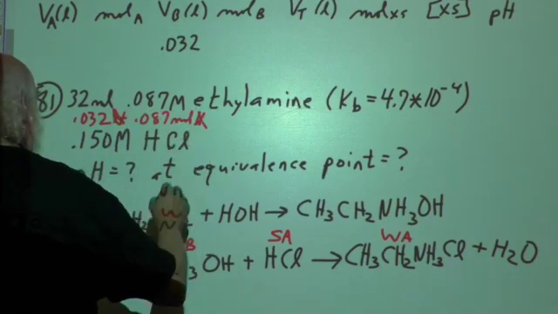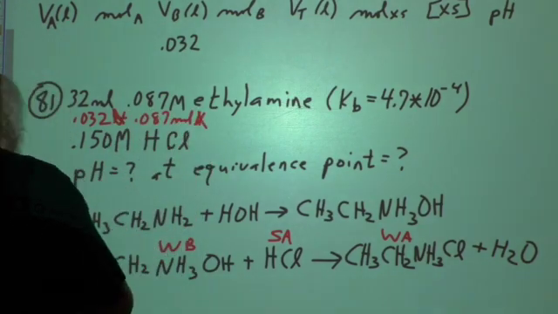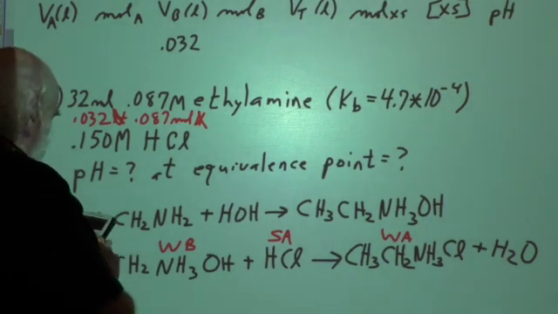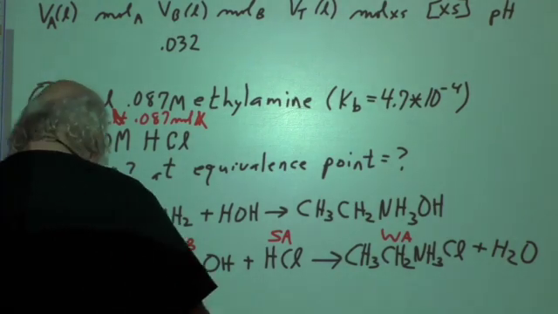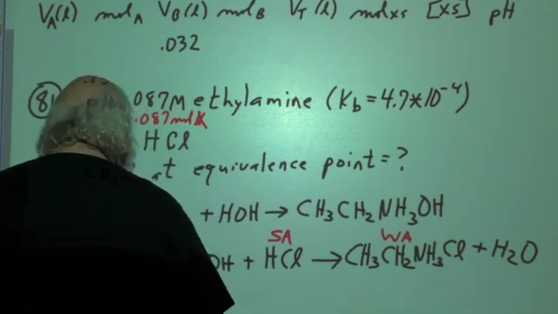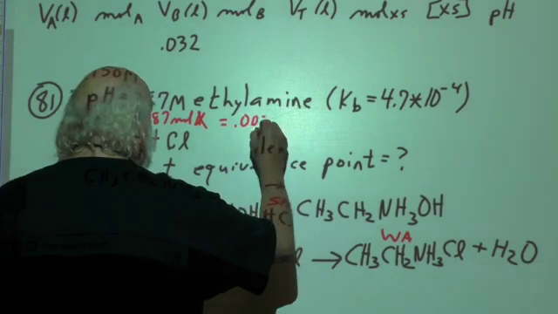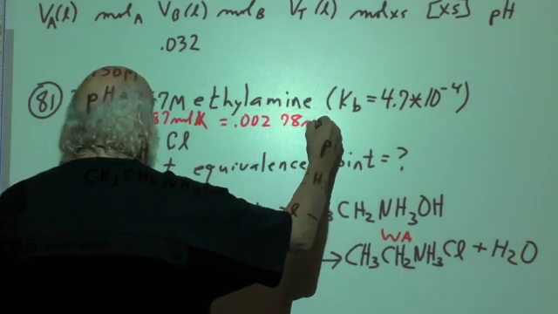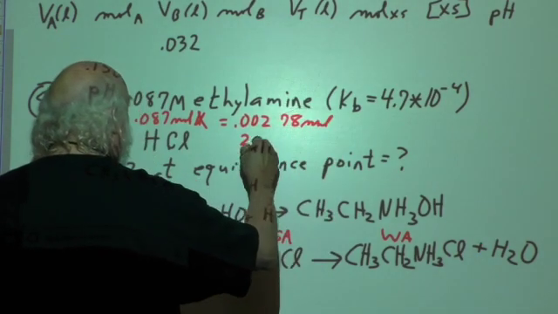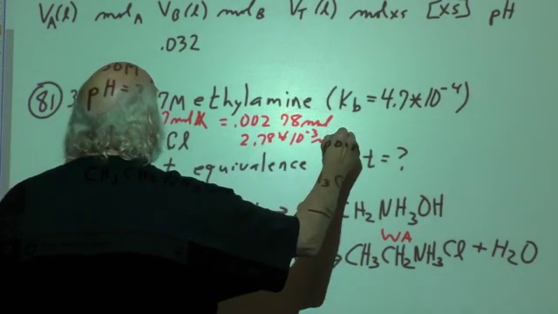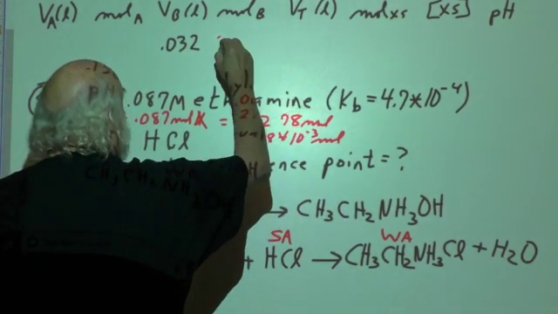The liters cancel out, leaving us moles. 0.032 times 0.087 gives us 0.00278 moles, or 2.78 times 10 to the negative 3 moles. So we'll put that right there, 2.78.